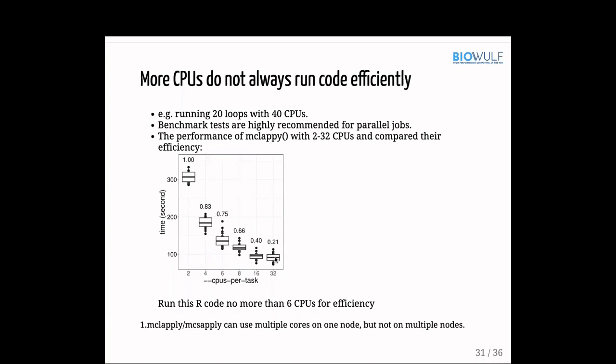If your code can't use more than 32 CPUs, then if you allocate more nodes, the number of CPU requests could be enormous, but it doesn't mean your code can be that efficient.